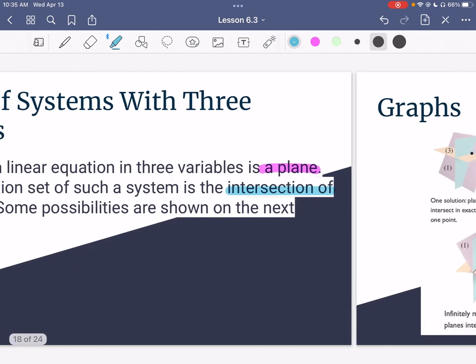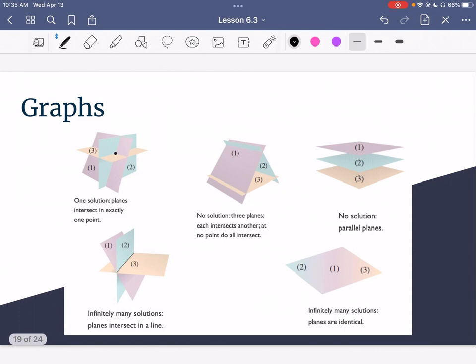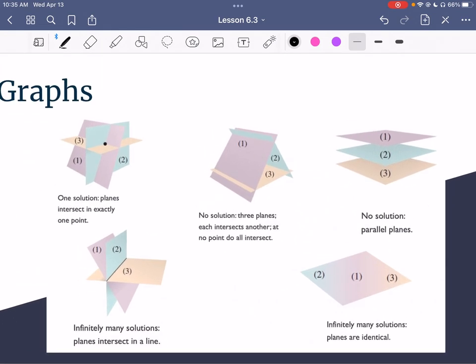Okay, so the possibilities of these are shown here on this next slide. Again, these look kind of complicated, but you notice you have three different planes. So plane number 1 is the purple one, plane number 3 is the orange, plane number 2 is the blue. And so that point that you just found, the ordered triple, that is the intersection point of those three planes.